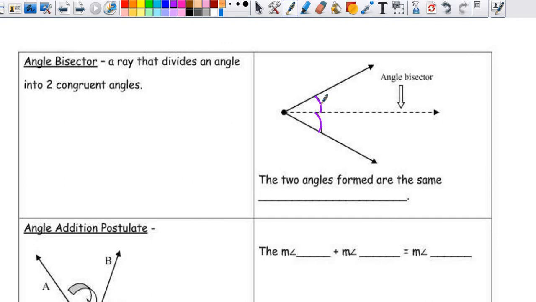And then this ray going through here is our angle bisector because it's what split that whole angle here in half. The two angles formed are the same degree. So again, if one of them was 30 degrees, the other one needs to be 30 degrees.